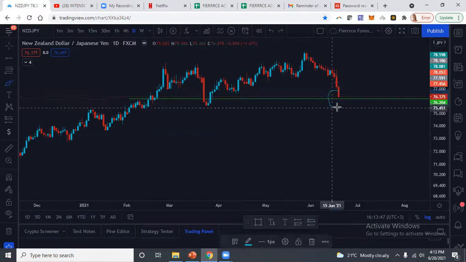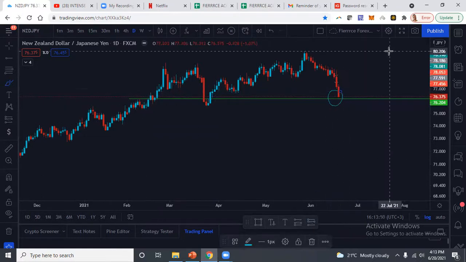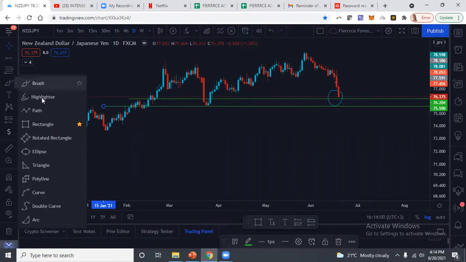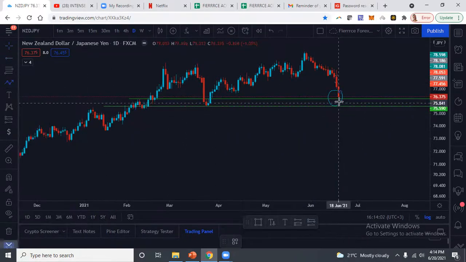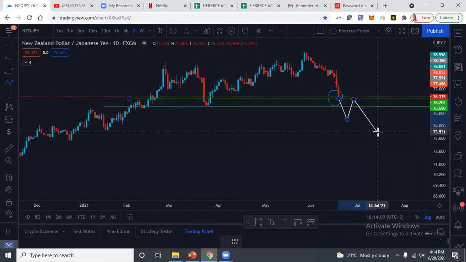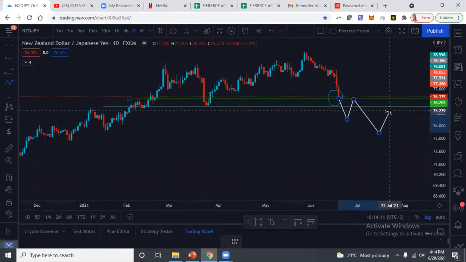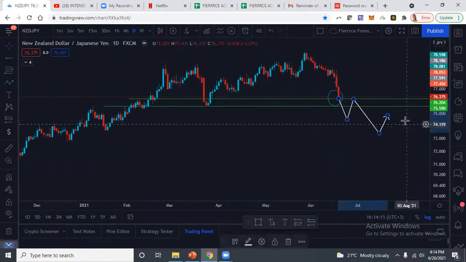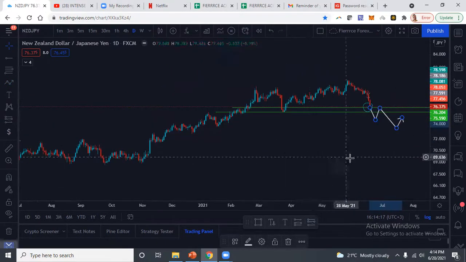But we might see a rejection here and a continuation to the upside. If we break structure below this previous low, I'd probably want to see a retest back before we decide we are headed down. So that's just my take on NZDJPY.